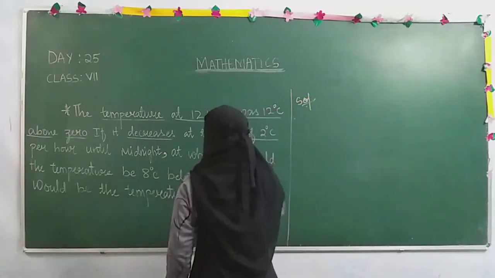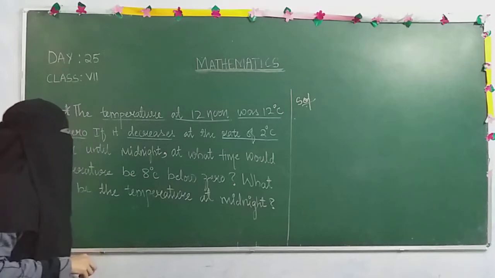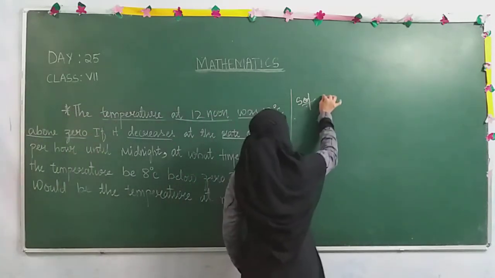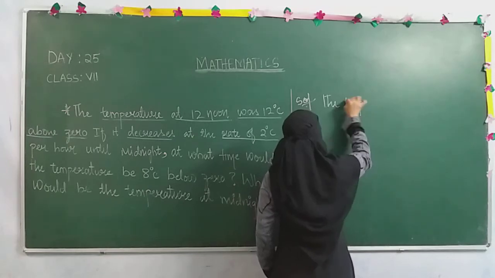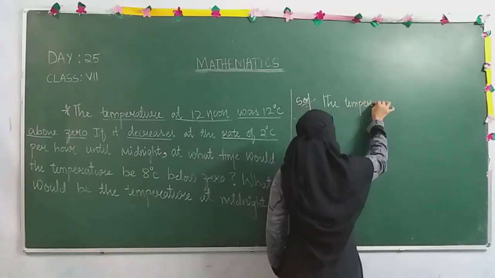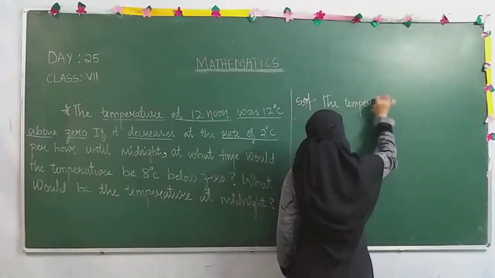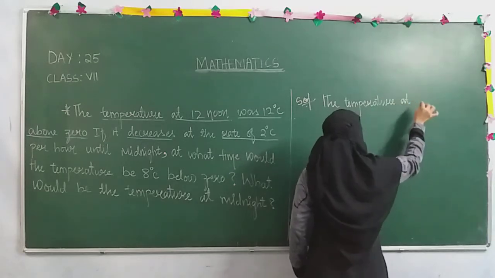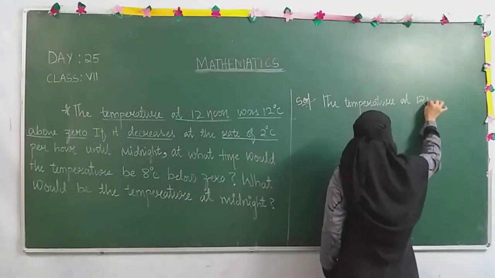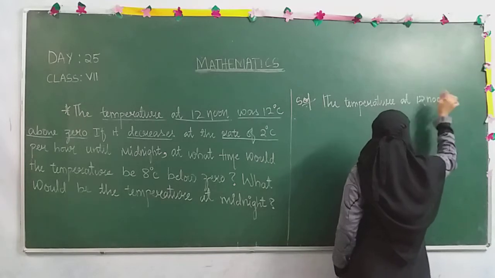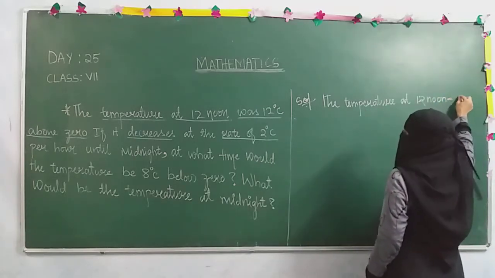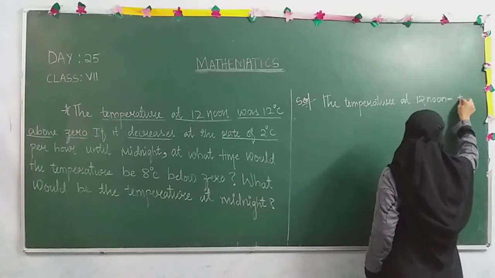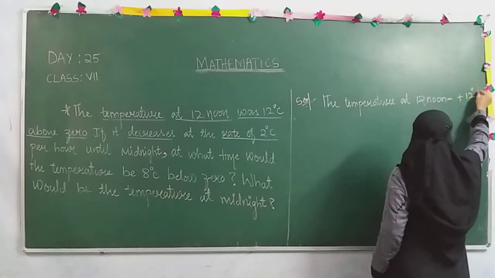Okay, what is given? The temperature at 12 noon. So that I am going to write: the temperature at 12 noon, above 0, means it is plus 12 degrees centigrade.